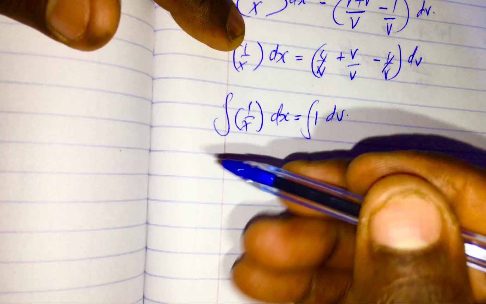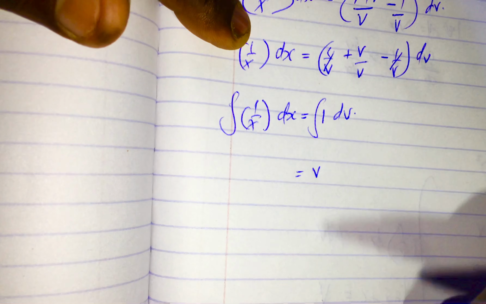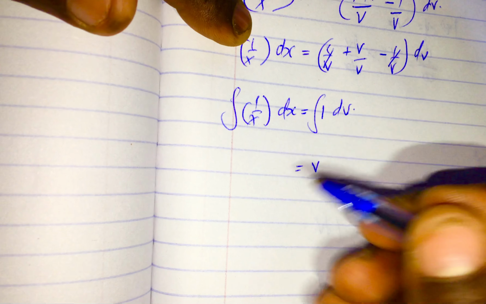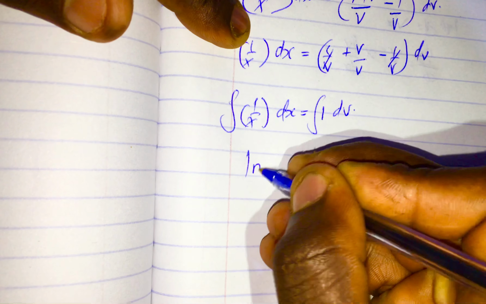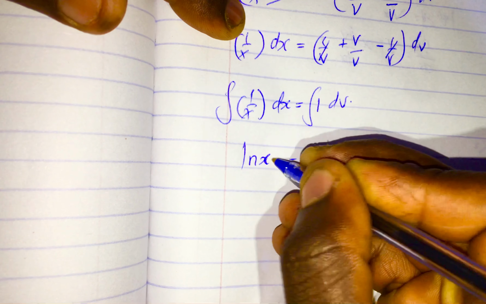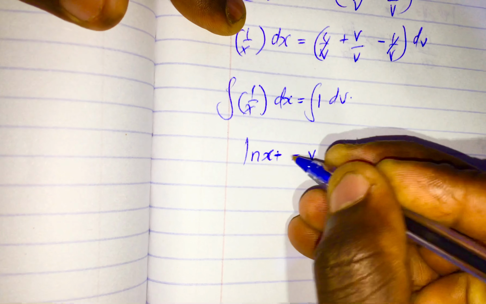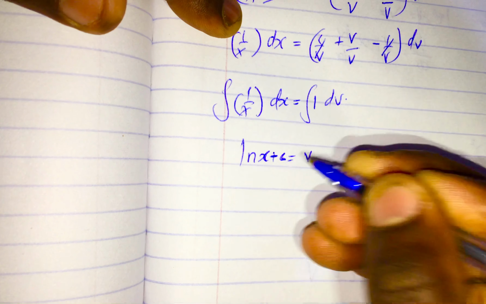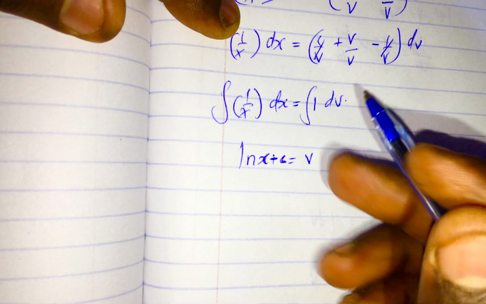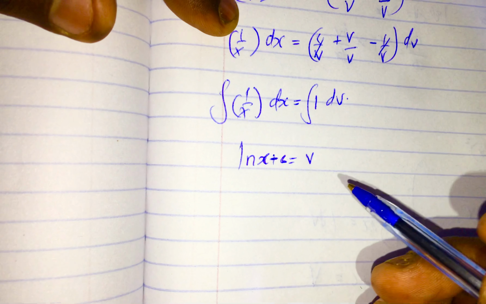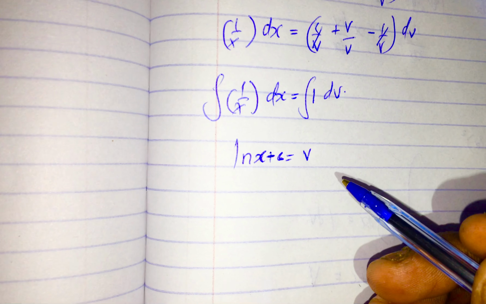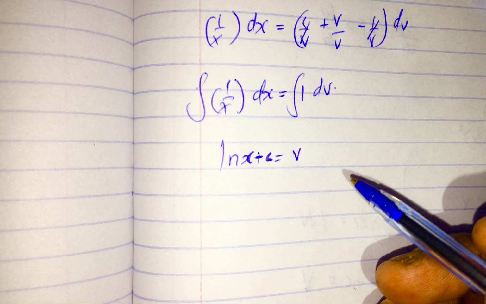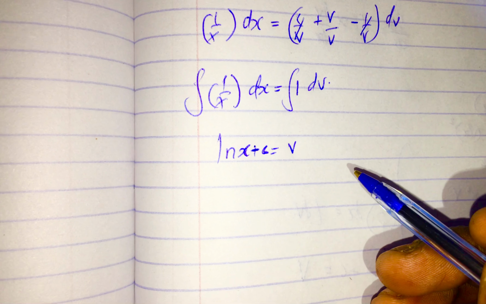In my case, I'm going to write natural log of x plus an arbitrary constant c. This is an indefinite integral, so you add an arbitrary constant c because there are no limits given.